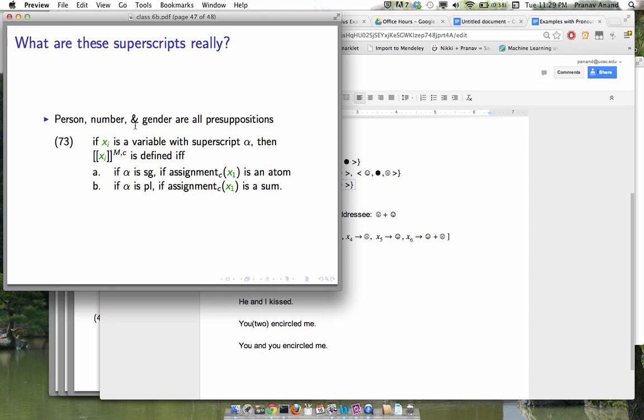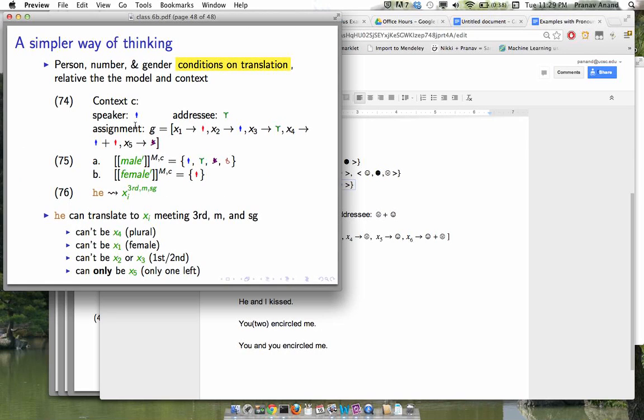So, for instance, if I have a context C, where the speaker is this blue man, the addressee is the green weightlifter, and the assignment has the red woman, blue man, green weightlifter, the sum of the blue man and the red woman, and then this snowboarder.